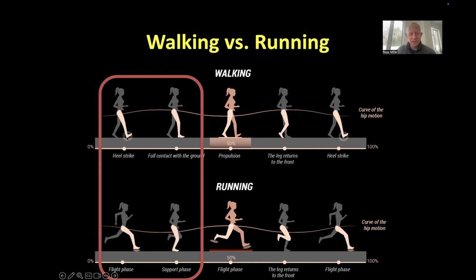In walking, I hit the ground with my right leg, and my center of mass first goes up and then starts going back down as I proceed through that contact phase. In running, it's the opposite. I hit the ground with my foot, and instead of going up like it did in walking, my center of mass initially goes down, and then as I proceed through that contact phase, it goes up.